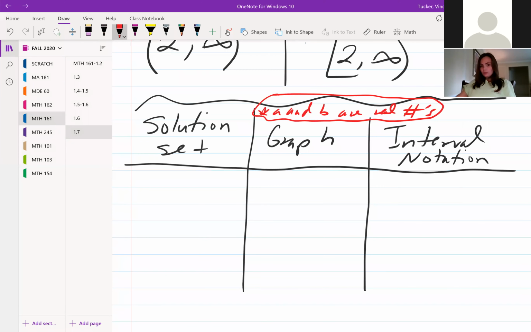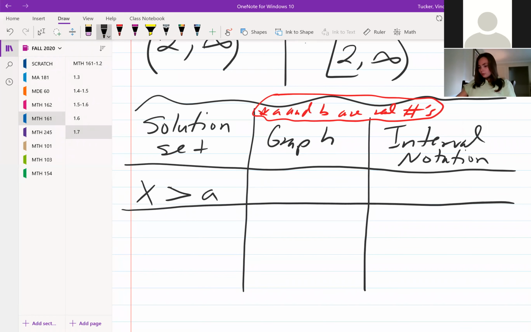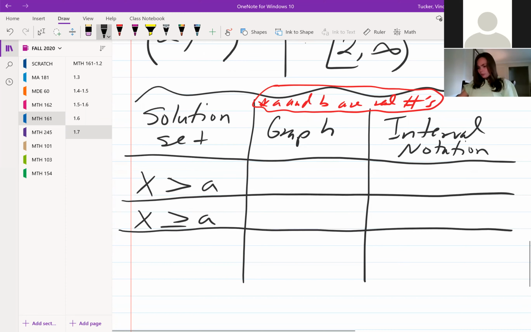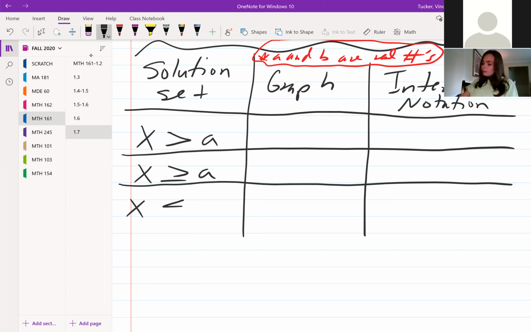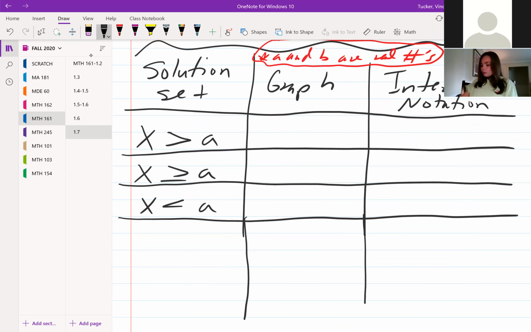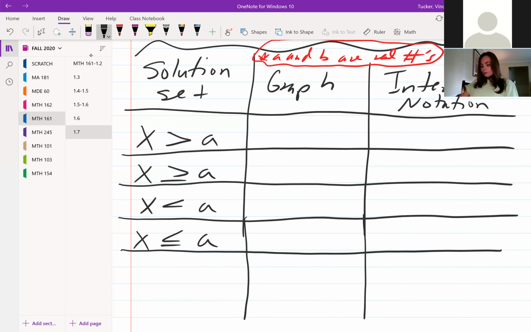All right, so in here, A and B are going to represent real numbers. All right, so generically, x is greater than a.